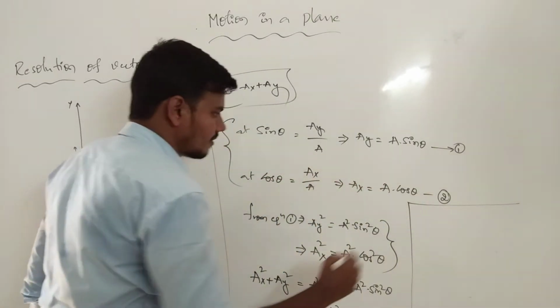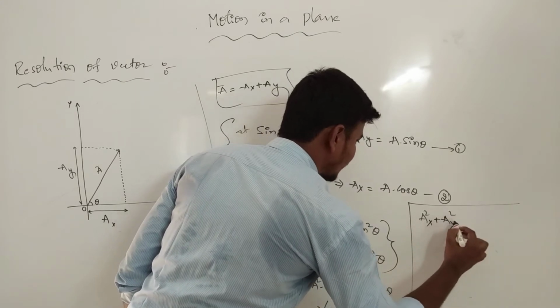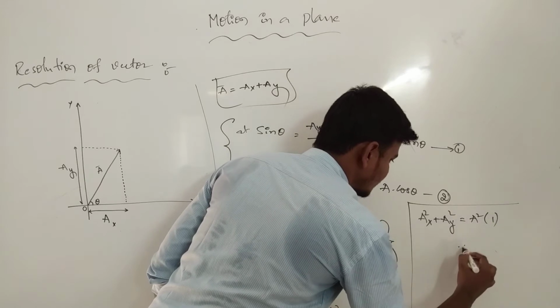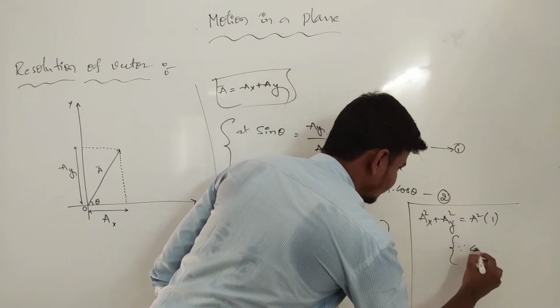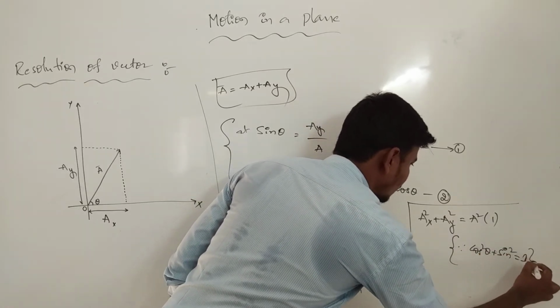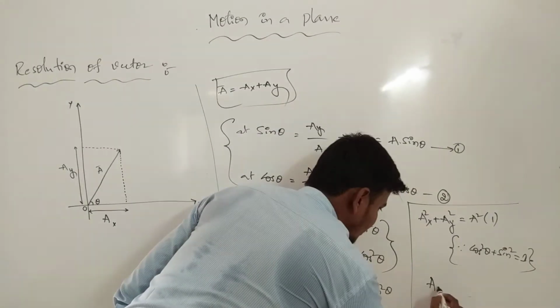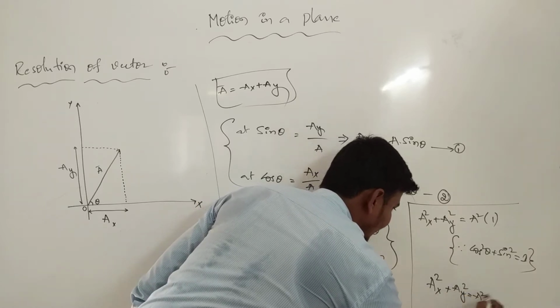Okay, now Ax square plus Ay square is equal to A square into 1, since cos square theta plus sin square theta is equal to 1. Now this one, Ax square plus Ay square is equal to A square.